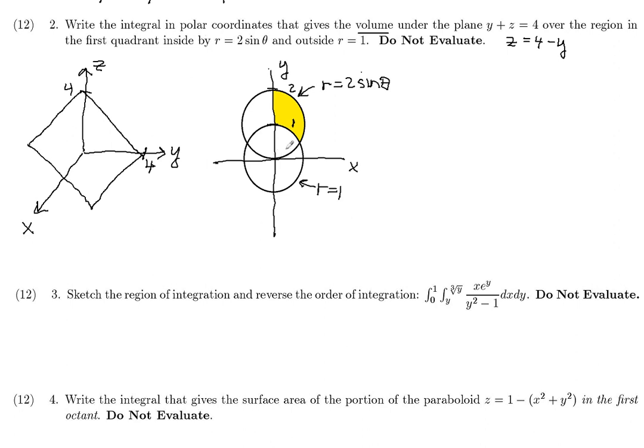So if we take this drawing here and pull it over underneath that plane, go ahead and extend these axes here. So we're going to have that circle of radius 1. This is 4.